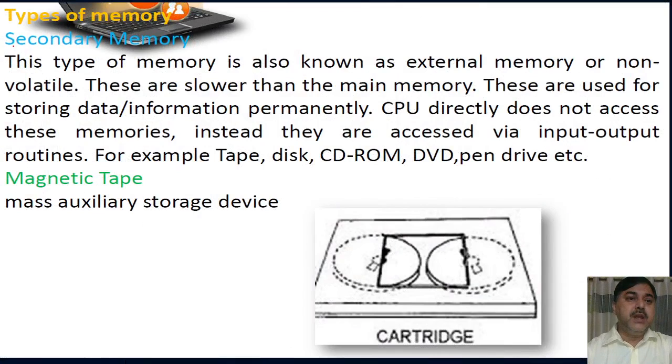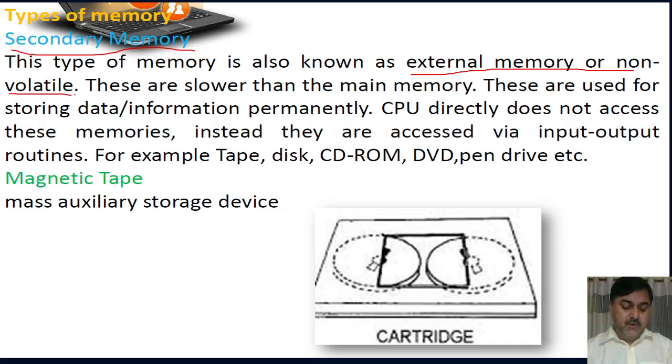So secondary memory is the section of the memory which is an external memory and a non-volatile memory. Volatile means it will erase as soon as the power is not there.